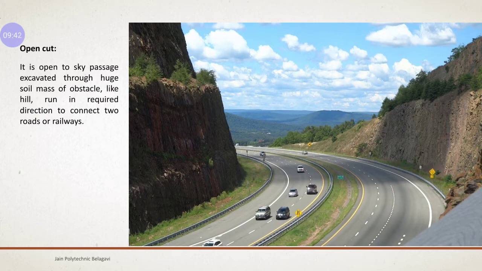We are going to cut in the center or at some point, so you have to cut the whole portion to provide a passage. For that purpose, a huge mass is excavated. Like hills, a run is required in a direction to connect the two roads or the two railways. To connect the two roads in between the mountains, this open cut is provided, right?